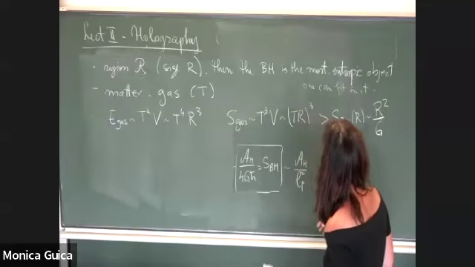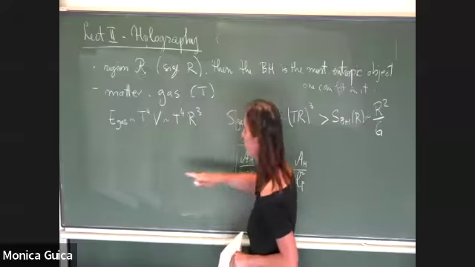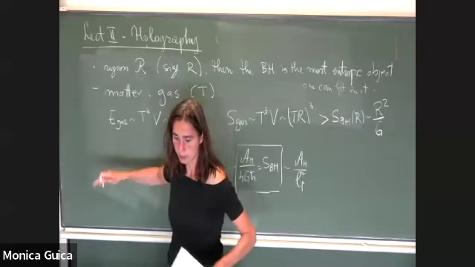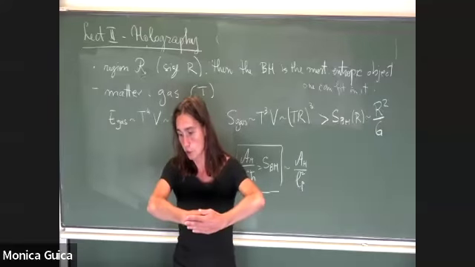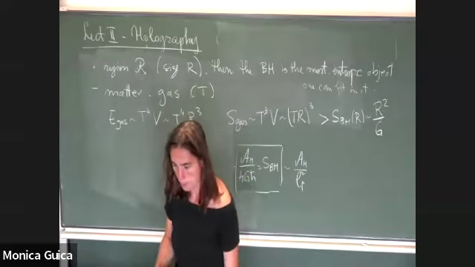So far, so good. As I was saying, in order to be able to talk about the gas, I'm having some gas in some finite radius, and I should make sure that this gas doesn't undergo gravitational collapse.